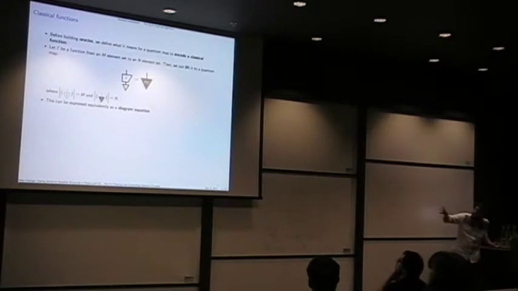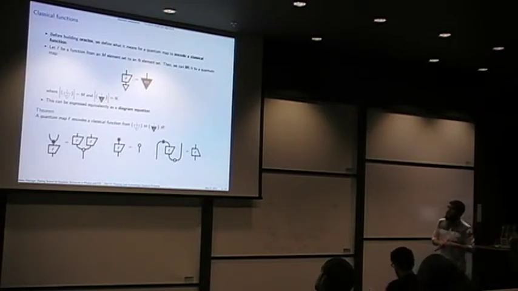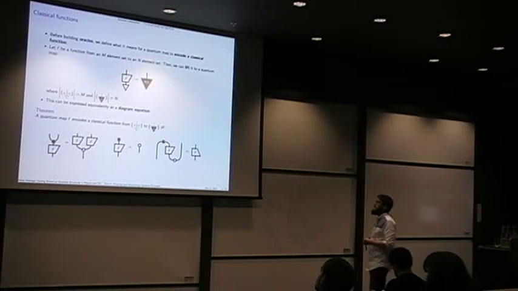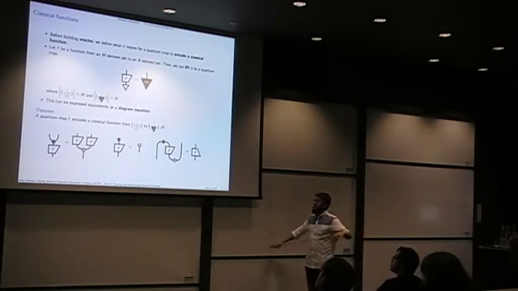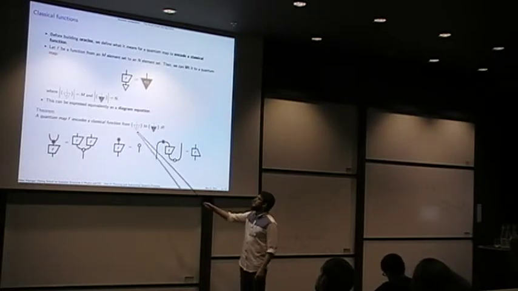Rather than doing it this way, which is kind of fiddly and points based, you can actually do this with a diagram equation. Well, actually 3 diagram equations. These equations totally characterize what it means to be a classical function. So we say that a quantum map encodes a classical function from this basis to that basis.